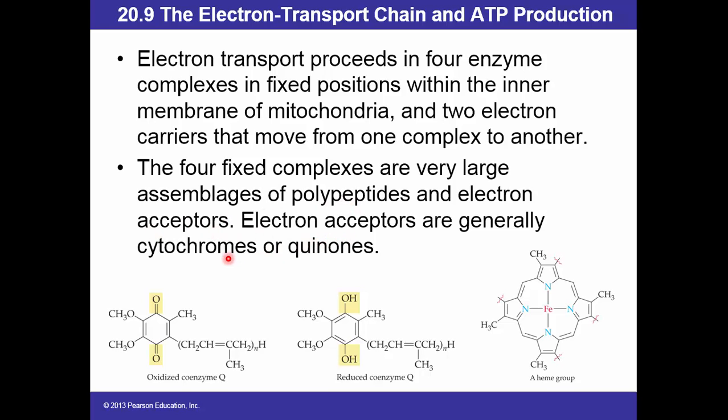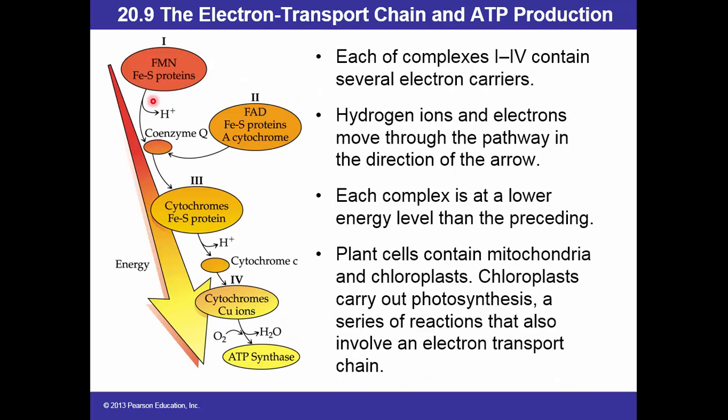Electron acceptors are generally cytochromes or quinones. Here we have oxidized coenzyme Q, reduced coenzyme Q, and the heme group. Again, these are the 4 complexes, complex 1, 2, 3, and 4. Each of complexes 1 to 4 contains several electron carriers.